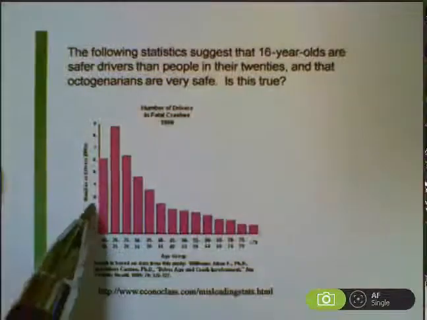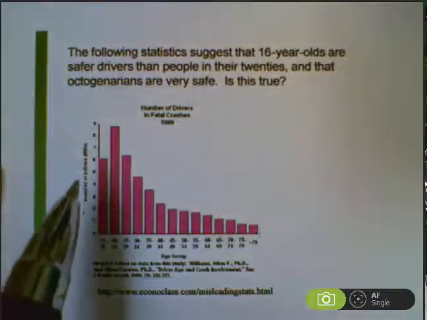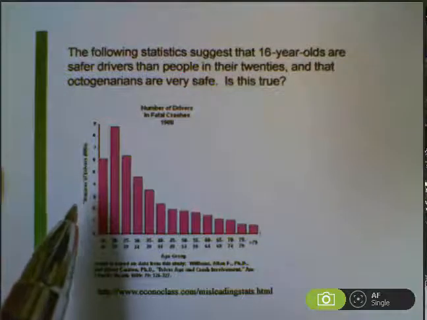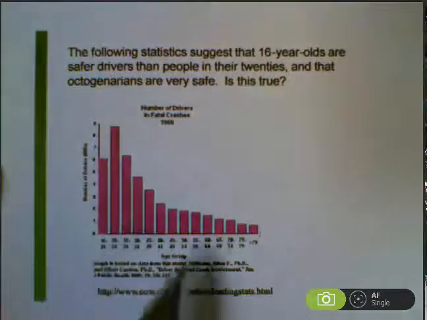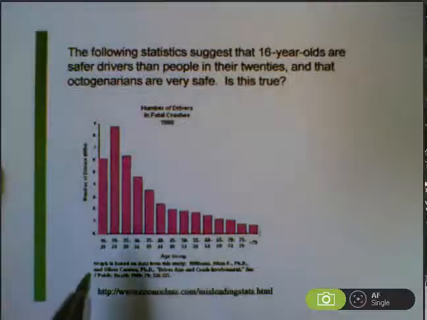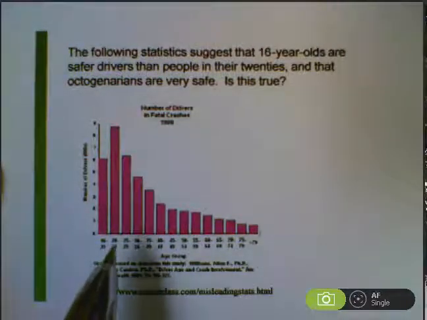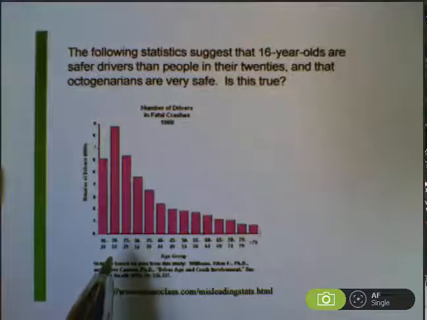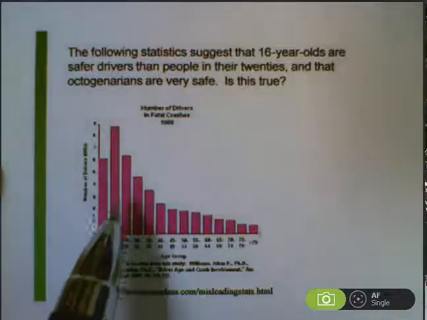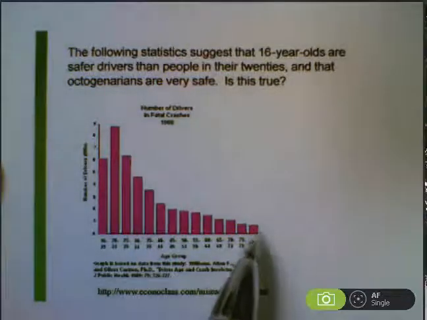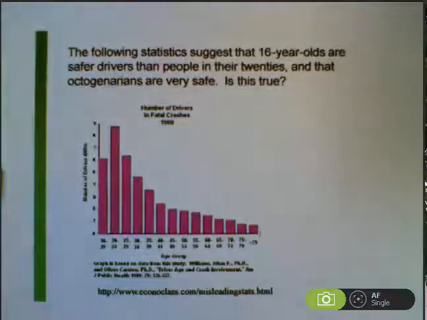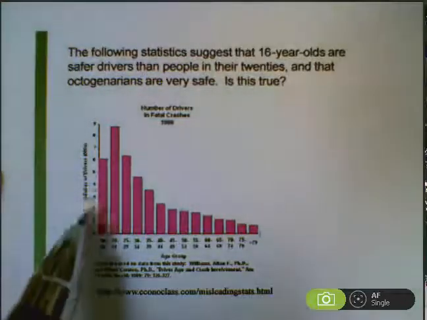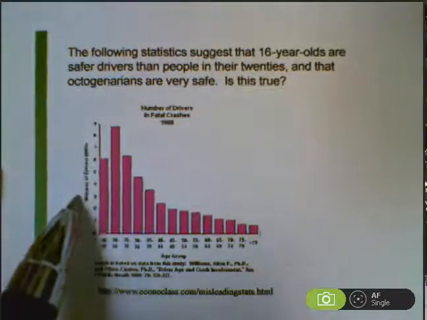But if you look at this left-hand axis, it's the number of drivers in thousands in each of these categories. Many, many more thousands of 20 to 24-year-olds had accidents than the number of drivers over 79 who had accidents. The problem that we've mentioned before is these are raw numbers, not percentages.